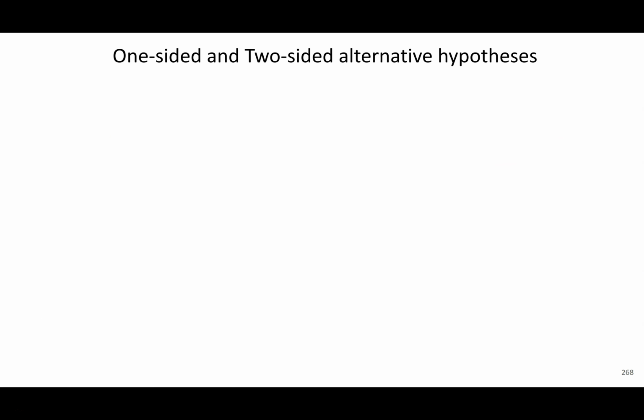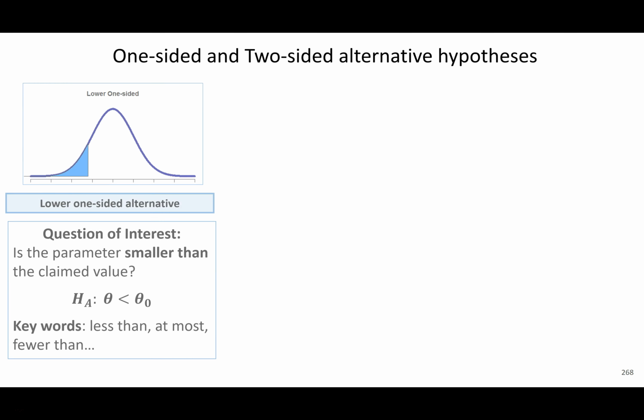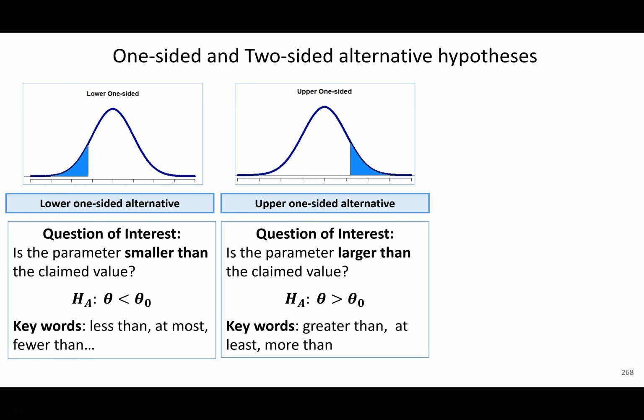Okay, so I promised a couple of slides ago we were going to talk about one-sided and two-sided alternatives. One-sided is the scenario where I think maybe the average of the population is less than an amount. So you're using a less than sign, and when you look through the question prompt, look for less than, at most, fewer than, words that indicate something being lower.